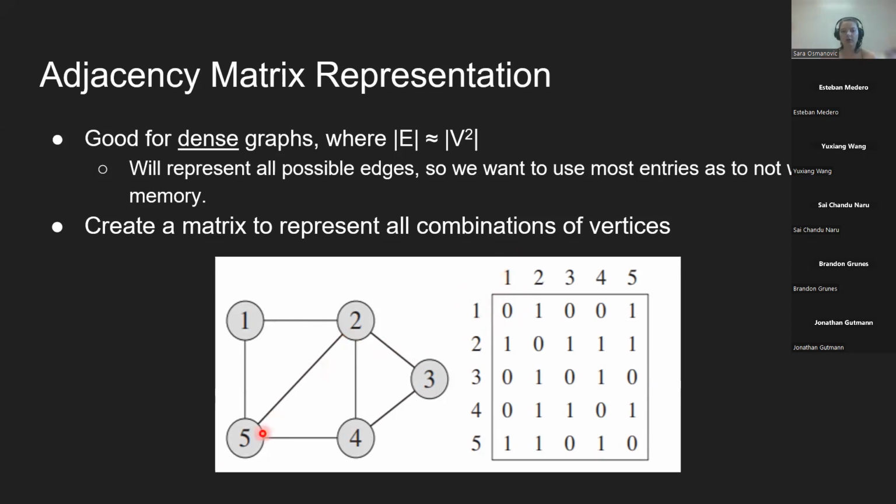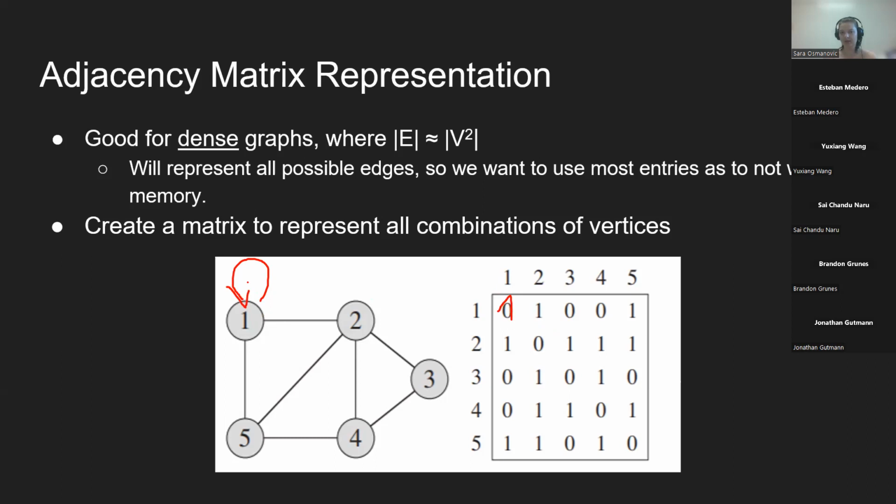Graphs are fun things. In this one, we think about: is there an edge from 1 to 1? In this case, there isn't. But in a graph, you could have a cycle, a node going back to itself, and in that case we would have a 1 here.